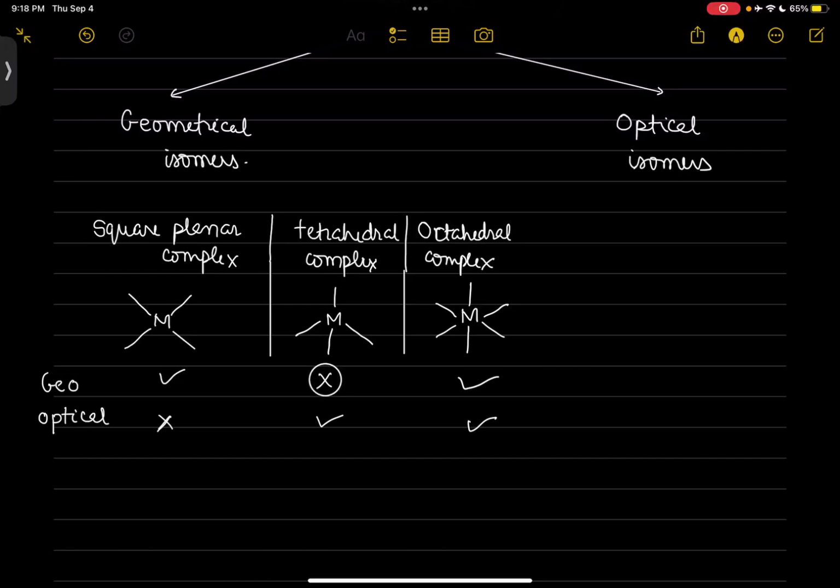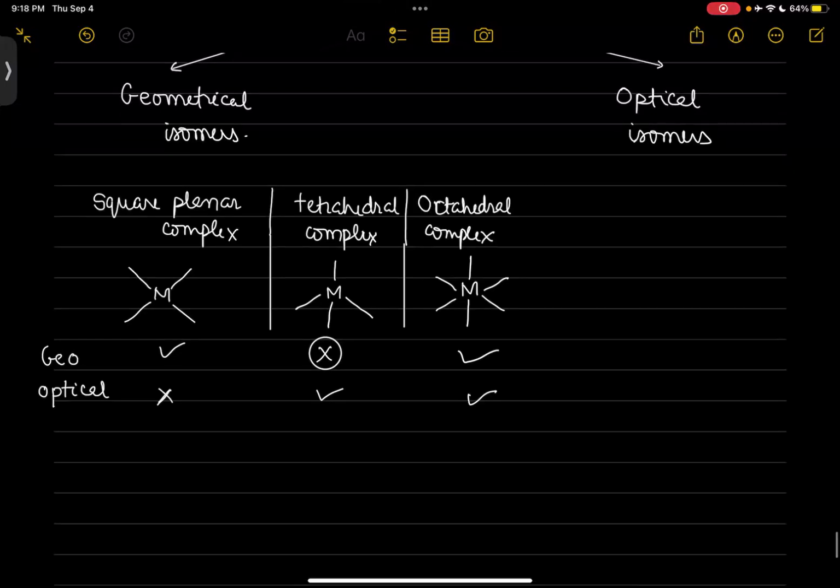Aisha, Marwa, Jaslin, tell me. So what's the reason why a tetrahedral complex will not show geometrical isomerism, even with different ligands? Aisha, can you tell me something about it?